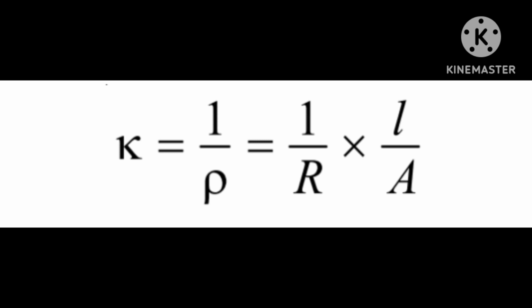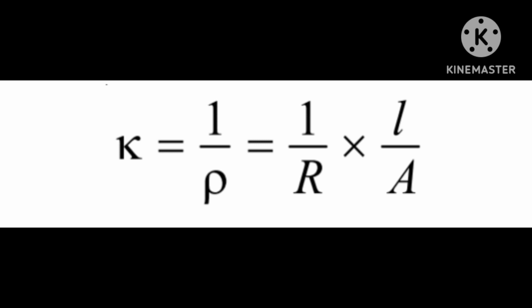Suppose experimentally you are getting many values, at different concentrations you know the different molar conductivity values. Then you can draw a graph. On the y-axis you draw the molar conductivity, and on the x-axis, horizontally, you write √c. So it is √c versus molar conductivity.